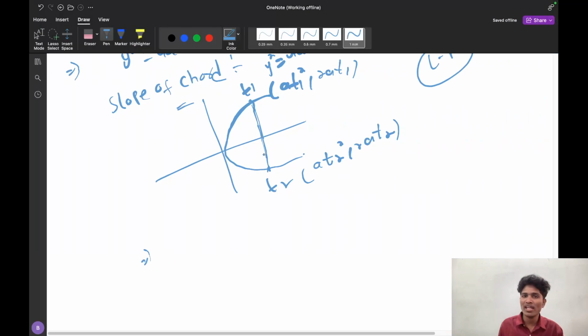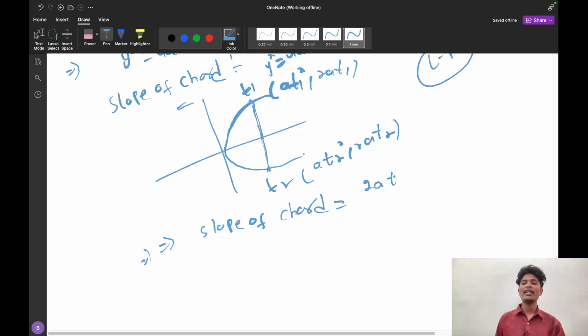Now if you observe carefully, if I want to calculate the slope between 2 points, I have to subtract the y values and x values. The y values are called ordinates. I have to subtract the ordinates and divide by the abscissa difference. So the slope of chord is equal to (2at2 minus 2at1) divided by (at2 square minus at1 square).